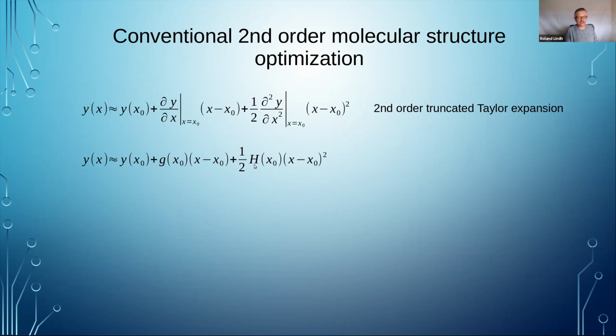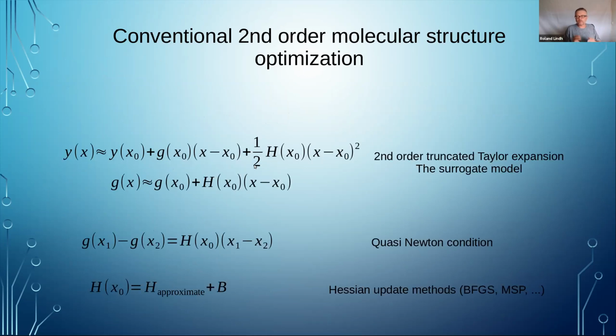That really doesn't matter. We also augment this approach with a so-called quasi-Newton condition in which the difference of 2 gradients should be equal to the difference displacement times the Hessian. And we use this equation to come up with various Hessian update methods.